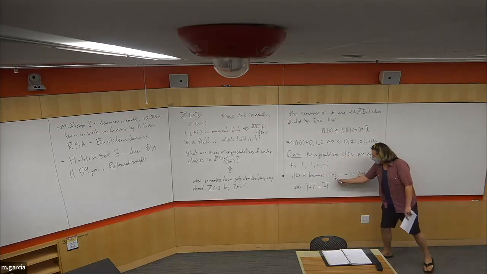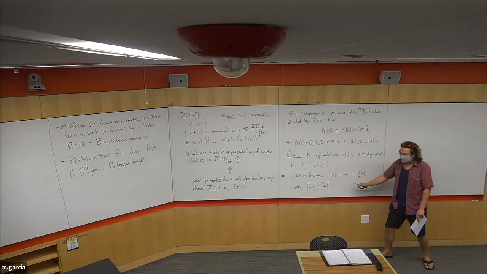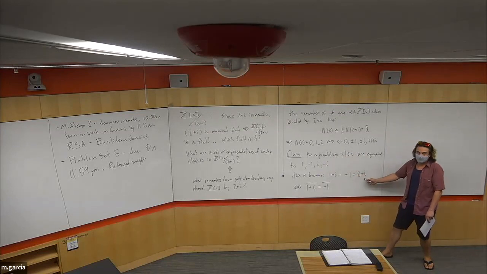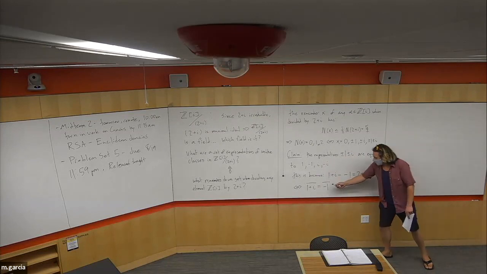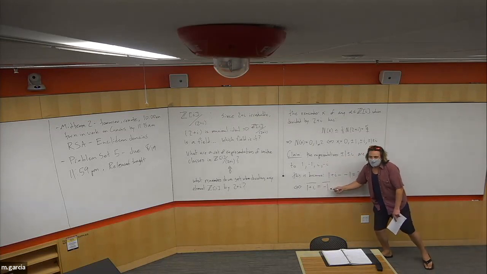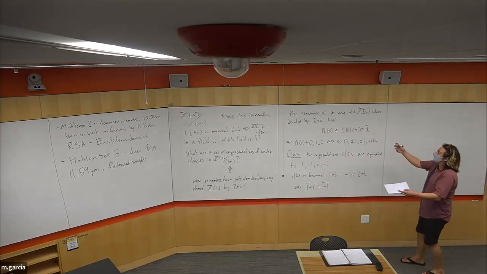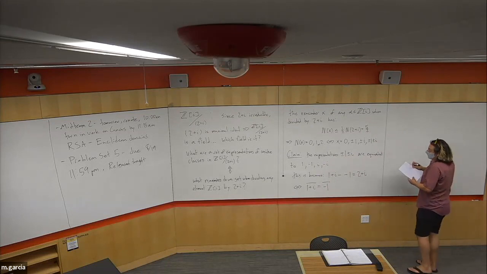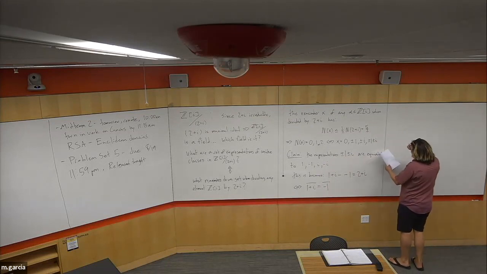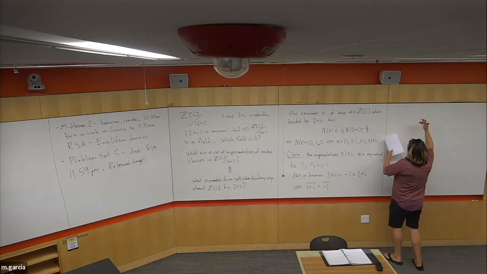The difference of these two elements is a multiple of the thing that generates the ideal we're modding by. So in fact, these residue classes are the same, i.e. they represent the same element in Z[i] mod 2 plus i. Let's just go through all of these.